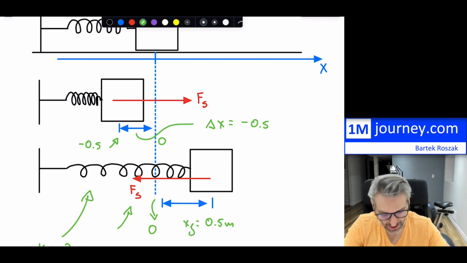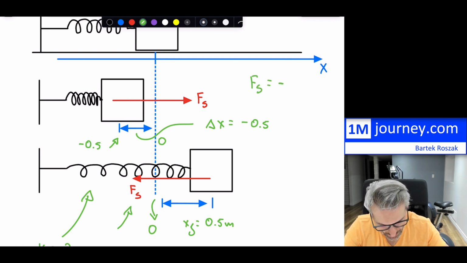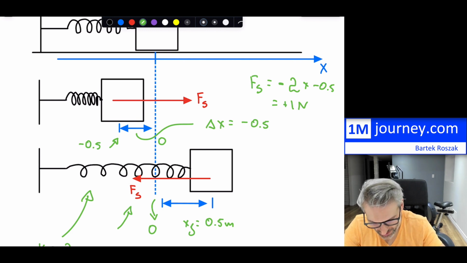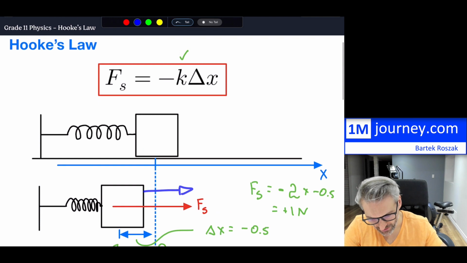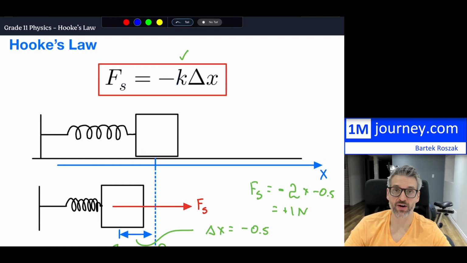Substituting this back into the equation, Fs is equal to, keeping the same constant as 2 multiplied by negative 0.5, notice that it's going to be a positive 1 Newton. And of course the positive just simply means that this is to the right. So that's all that this means within Hooke's law.